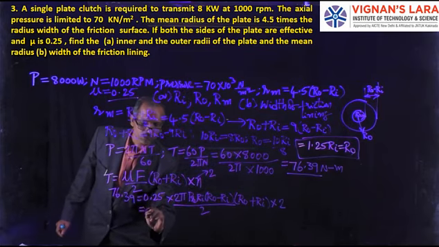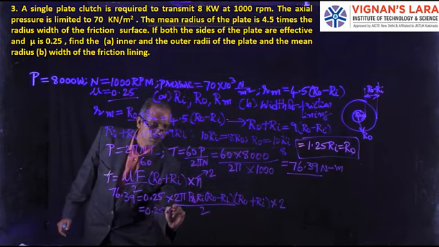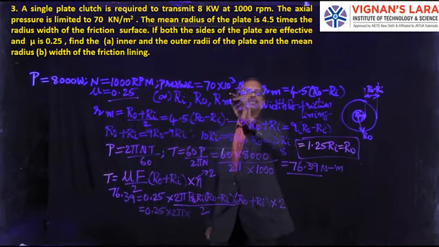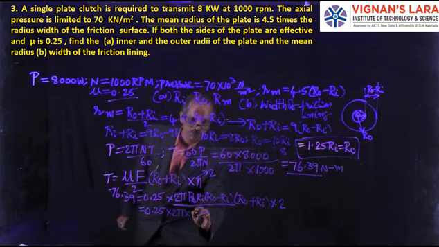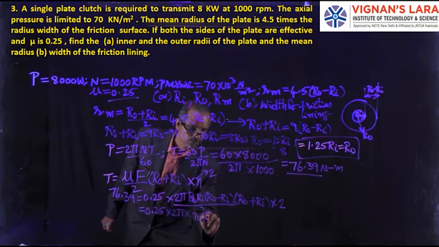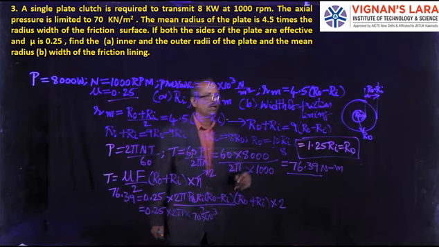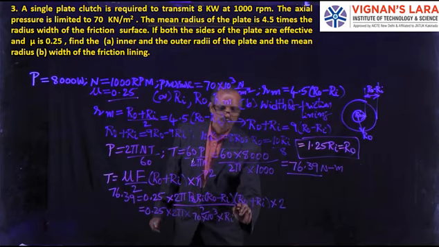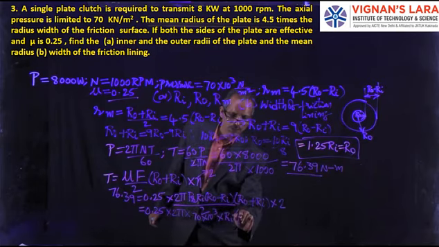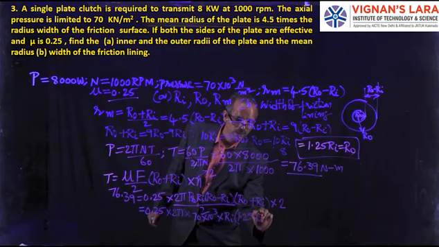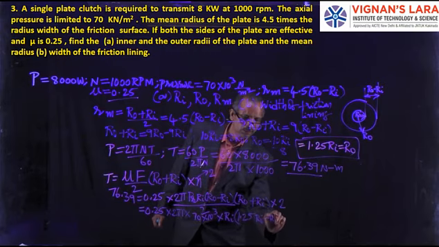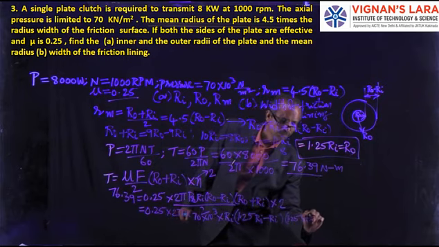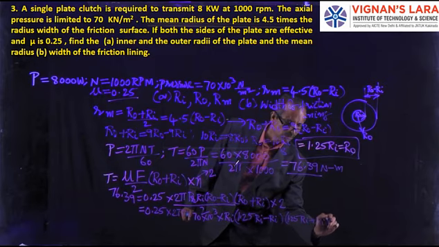So I substitute: 0.25 times 2 pi times the pressure, which is 70 into 10 power 3. Then let me put everything in Ri: R naught is 1.25 Ri, minus Ri, into 1.25 Ri plus Ri, into 2.